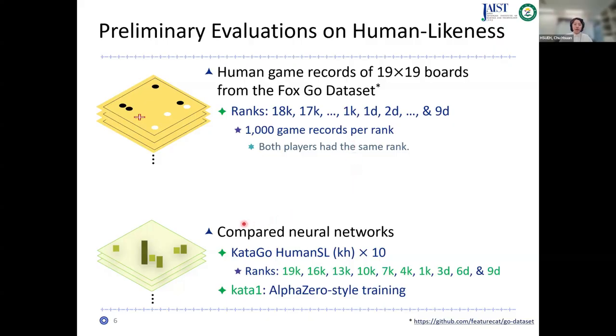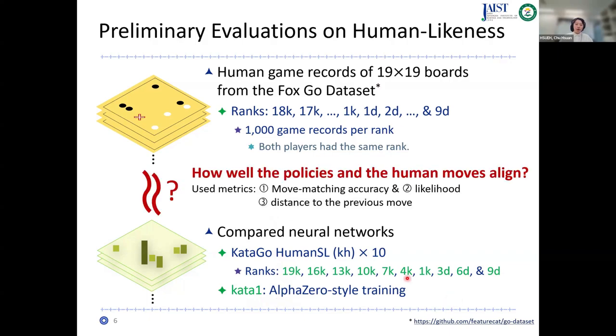At the same time, we compare several neural network settings. For KataGo HumanSL, we use the 10 ranks from 19 kyu to 9 dan. We also intentionally include Kata1, with the AlphaZero style, to compare. Next, we are going to see how well these game records match with the predictions.